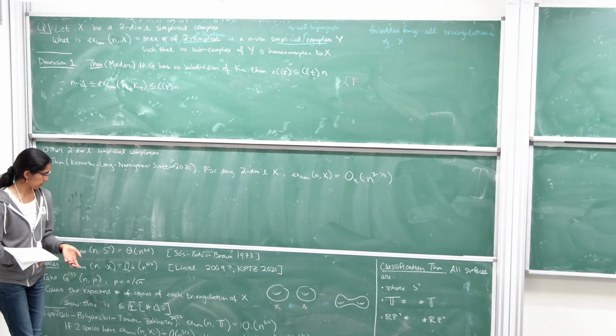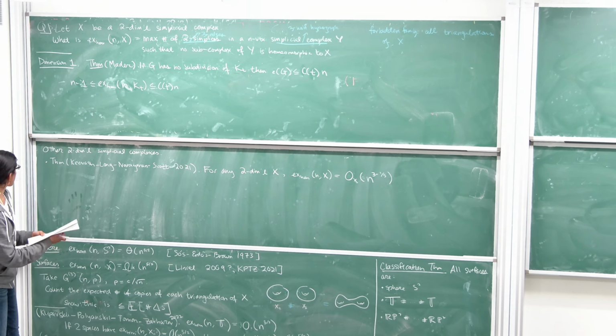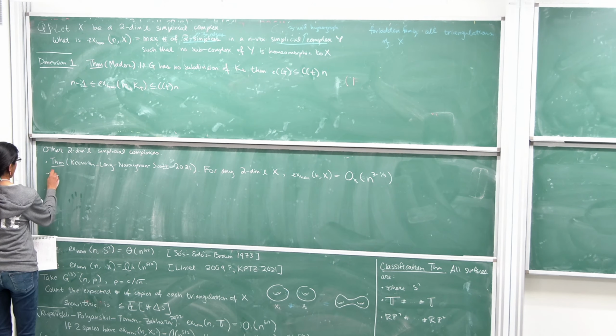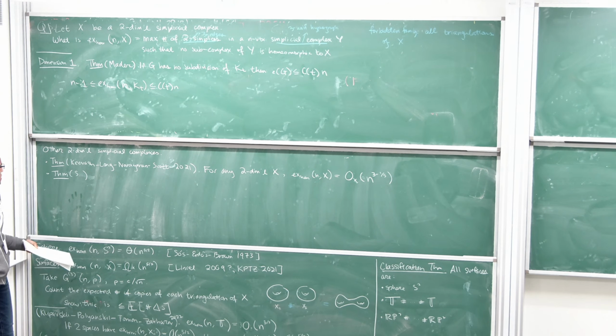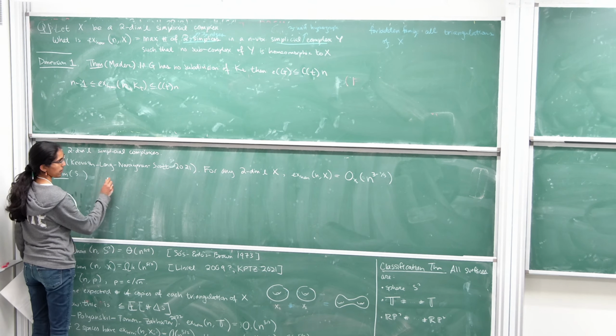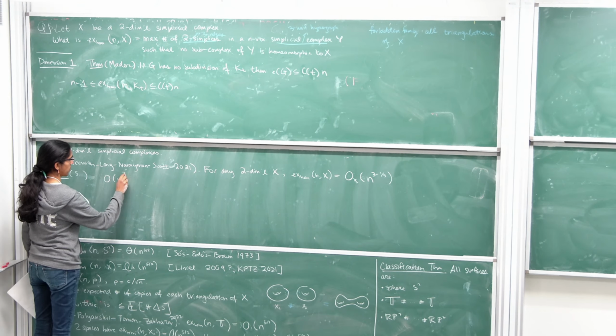So that's a little bit worse than 5 halves. And a result of mine that's not yet on the archive, but hopefully will be soon, is the same thing with 3 minus 1/3.